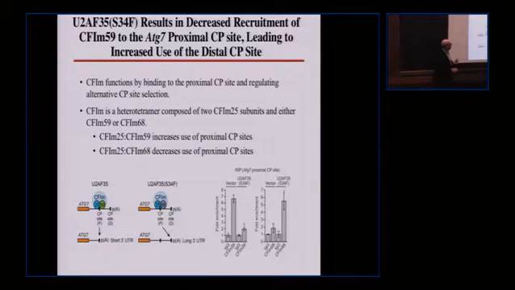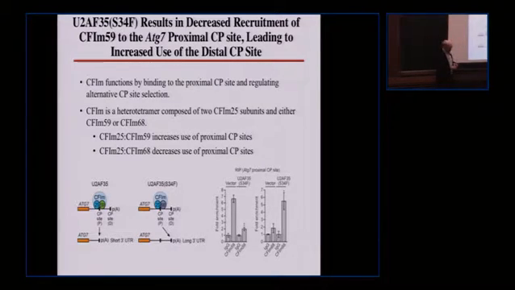I'll show you one piece of evidence in support of that idea. Here we're doing an RNA immunoprecipitation assay, measuring binding of CFIM subunits to the proximal ATG7 CP site. In non-transformed cells, you see they're predominantly bound by the 59 subunit, not the 68, whereas in transformed cells, you see a switch, and now there's predominant binding of the 68 kilodalton subunit.